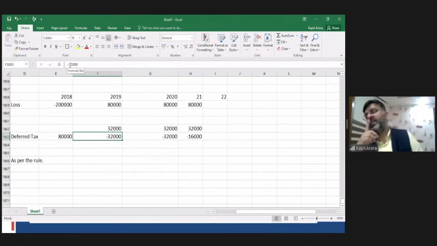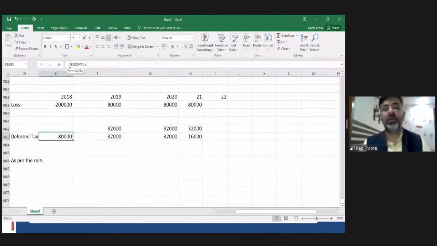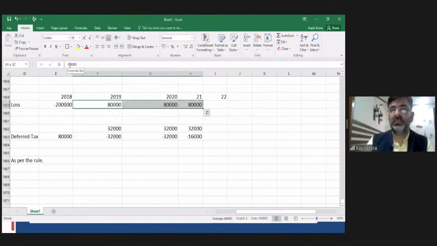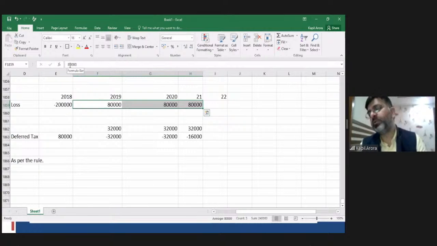But as I discussed earlier, we need to make sure whether in the next 8 years, if that is allowed, will I be able to recover that amount? Assume I won't have any profit in the future, I believe that I am not going to make any profit in the future. Will I be able to recover that amount ever?